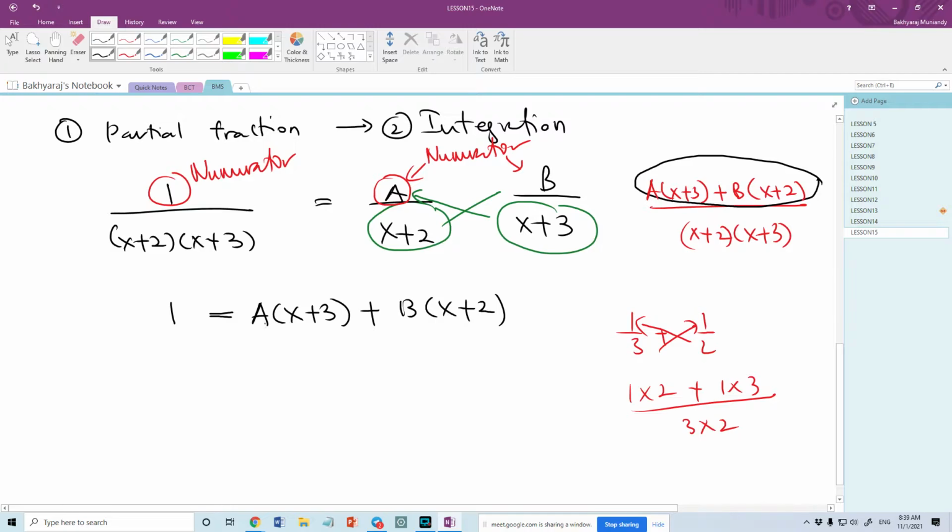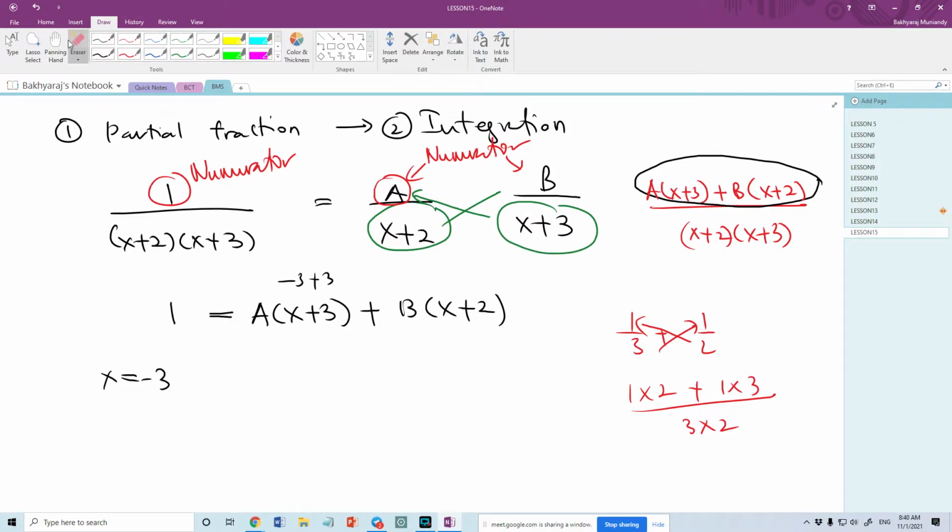I want to find the answer for A and for B. So when I want to get A and B, I need to put 0 here. So if x equals negative 3, this will become zero and I can find B. Negative 3 plus 3 becomes zero, right? So I put negative 3 and this part will be 0. That is what I want.